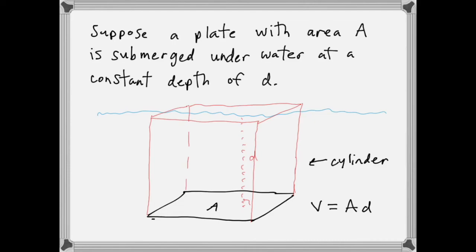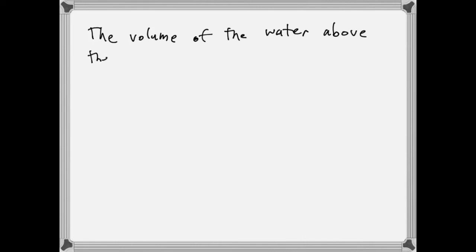So let's write this down on the next page. The volume of the water above the plate is A times D.